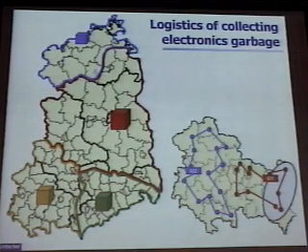And at the logistics chair in Berlin, they have made a study of the logistics of collecting this electronics garbage. And here is, for instance, a location analysis of making 1, 2, 3, 4 distribution centers or collection centers with local tours. This is a salesman problem, collecting this garbage.